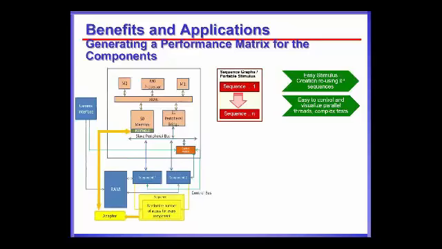Right. So now let's look at some of the benefits and the applications that we were able to do with this kind of a flow. One of the applications was generating a performance metric that we'll talk about in a little bit.